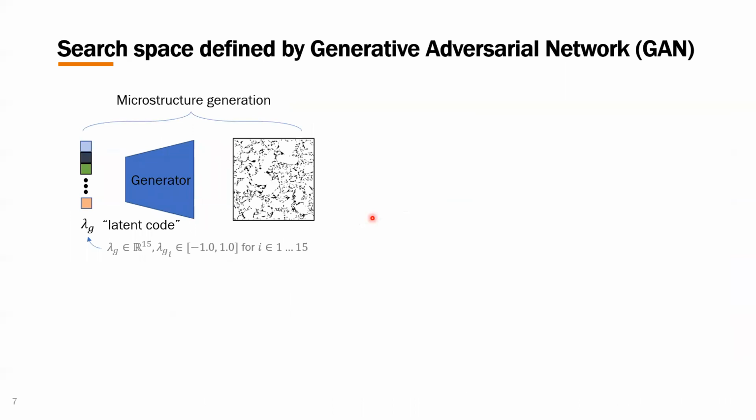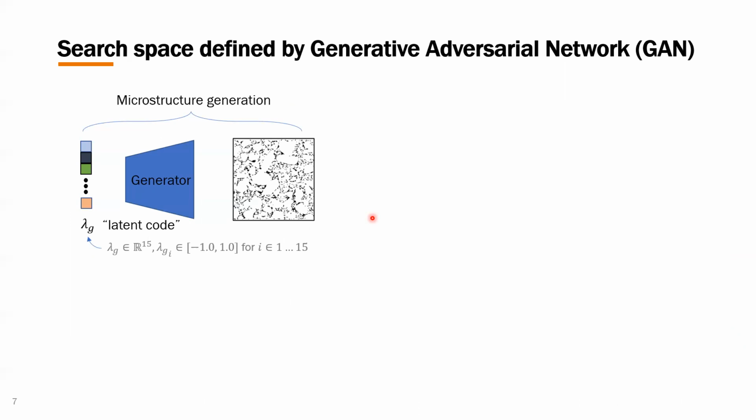What really attracts us to the GAN method most comes from its strong parameterization that describes microstructure with a low dimensional latent vector. The generator creates a synthetic microstructure from a latent vector. During the learning process, the generator learns a mapping from the latent vector to a unique microstructure. As a result, the latent vector serves as a latent code to uniquely represent a microstructure.